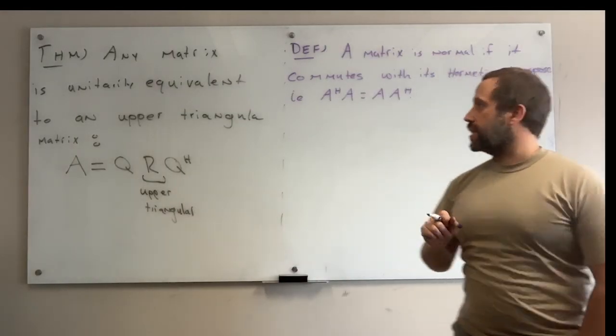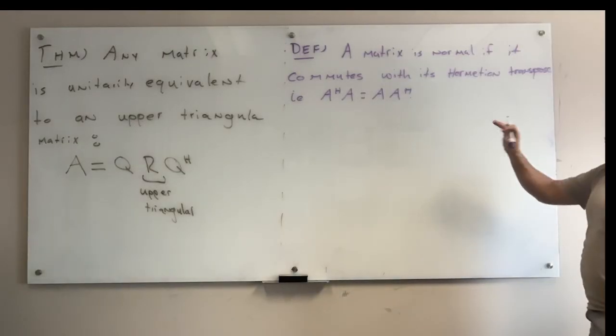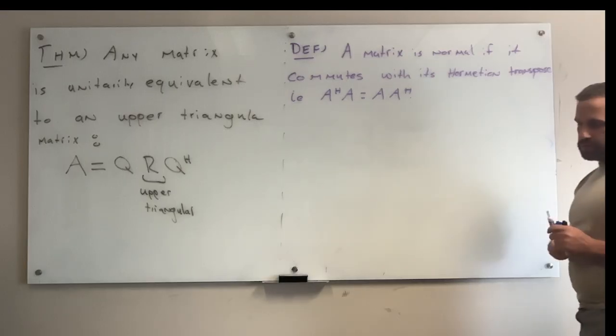That's what it means. A matrix is normal if it commutes with its Hermitian transpose.